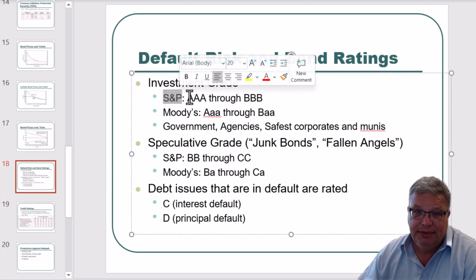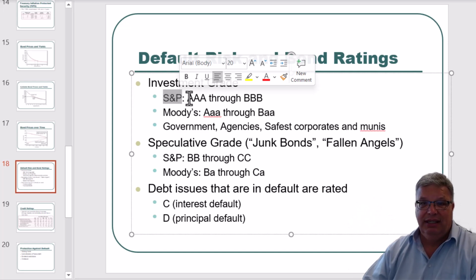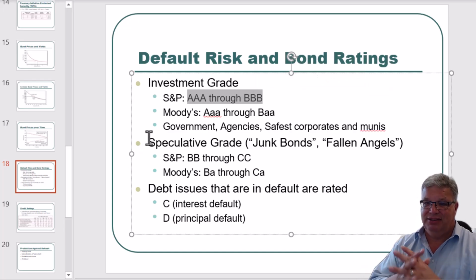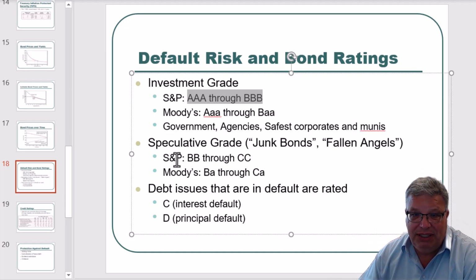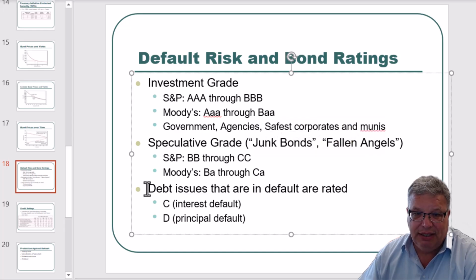The safer bonds are called investment grade, and S&P classifies them as AAA through BBB. The riskier bonds are sometimes called junk bonds or high yield bonds. S&P labels them BB through CC, and then bonds that are already in default are C and D.